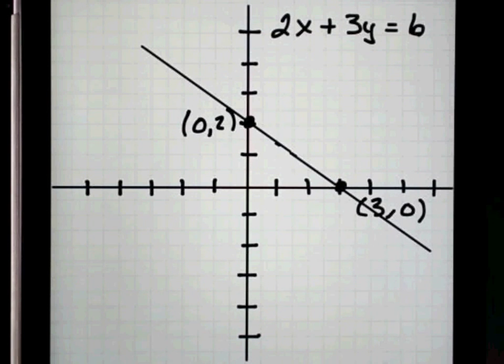Now, not every equation will make a straight line when you graph its solution set. There are a lot more examples in your textbook. I want to keep these under 15 minutes, so I'm going to stop here.